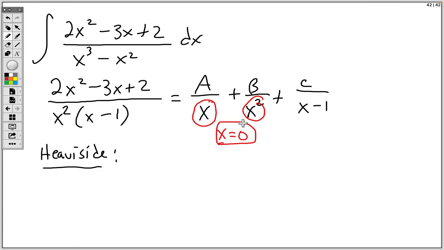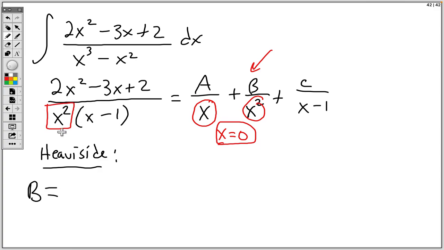So what you do is you cover up the factor that is 0 when you substitute x equals 0. That would be the entire factor of x squared, because you'd have to cover up the entire x squared to avoid a 0 in the denominator. That means the Heaviside method will help us figure out b.